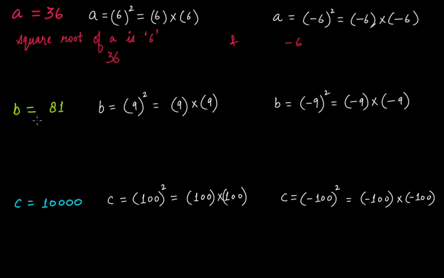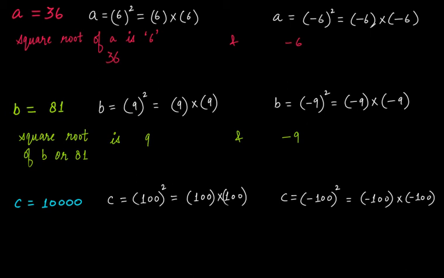In the same way here, the square root of B, or we can say 81, is 9 and minus 9, right?